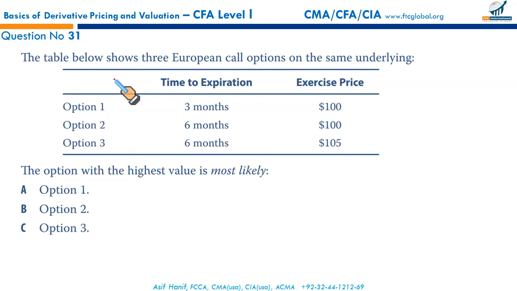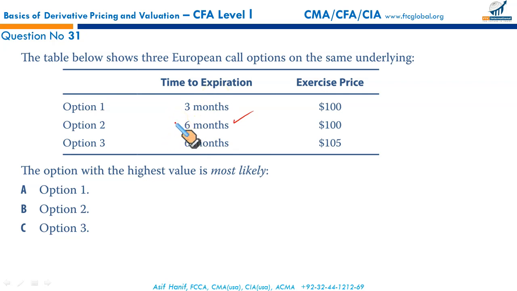The table below shows 3 European call options on the same underlying. We have 3 options, option 1, 2, 3. One is for 3 months, 6 months, 6 months, and they have these exercise prices. First of all, when we compare these two having the same exercise price, between 1 and 2, we will surely go for option 2 because it covers a longer period, more time to expiration, meaning a more valuable call option.